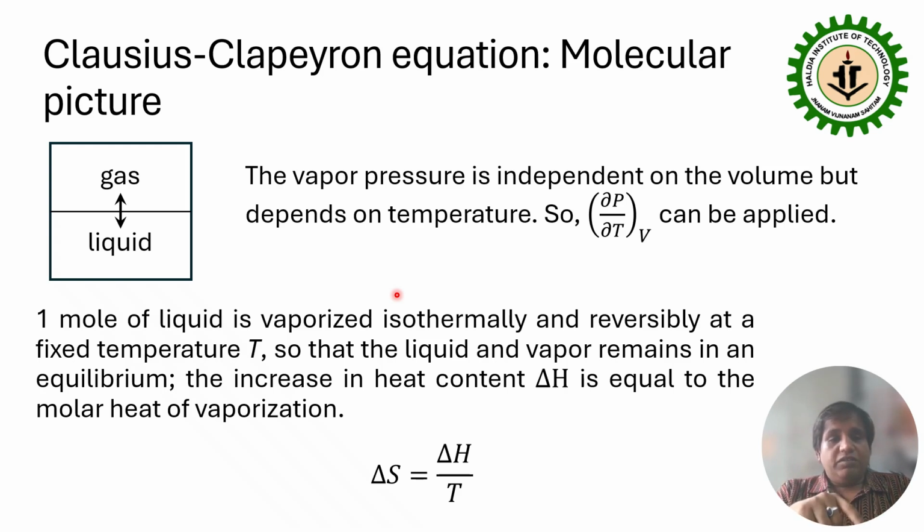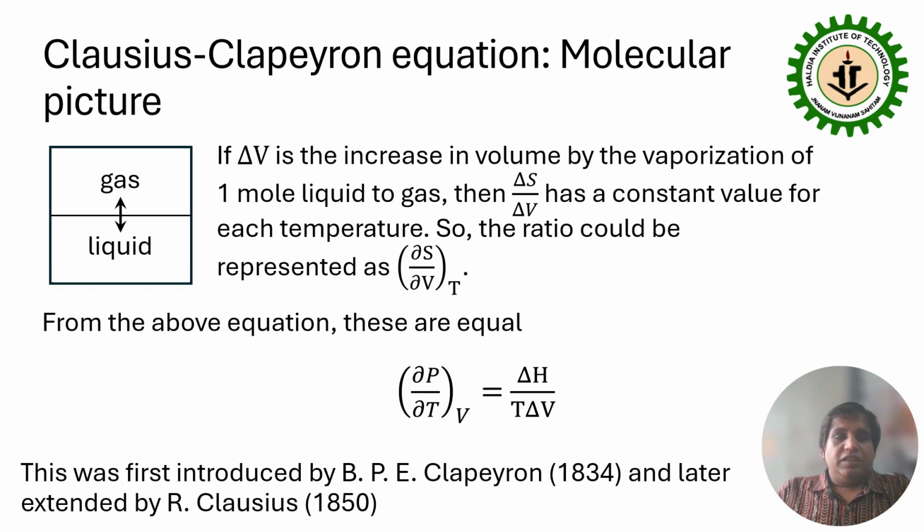The increase in heat content for this dynamical equilibrium is ΔH, so the entropy change should be ΔH by T. If the volume change due to the phase transition from liquid to gas is ΔV, then (∂S/∂V) should be constant because it's an isothermal process. So (∂S/∂V) at constant T is applied here.